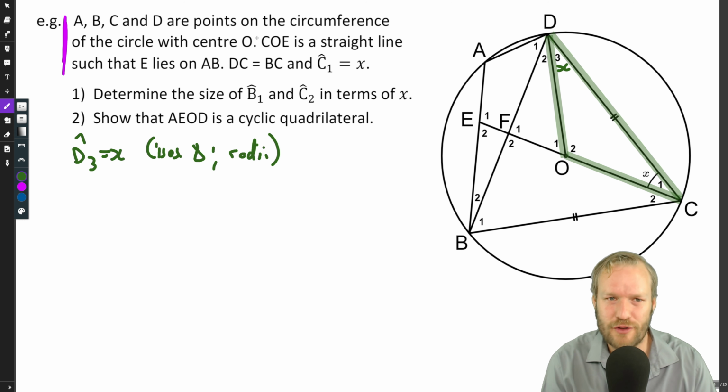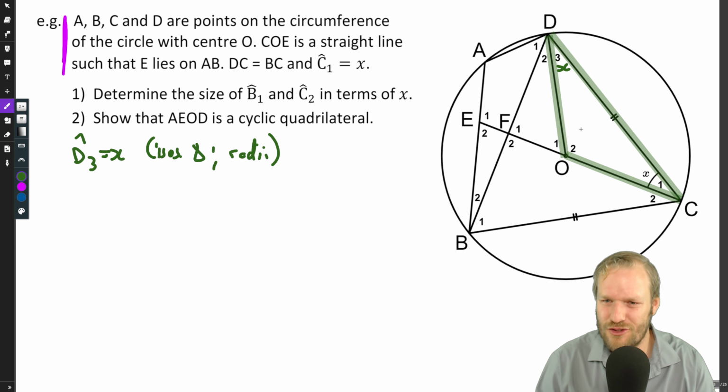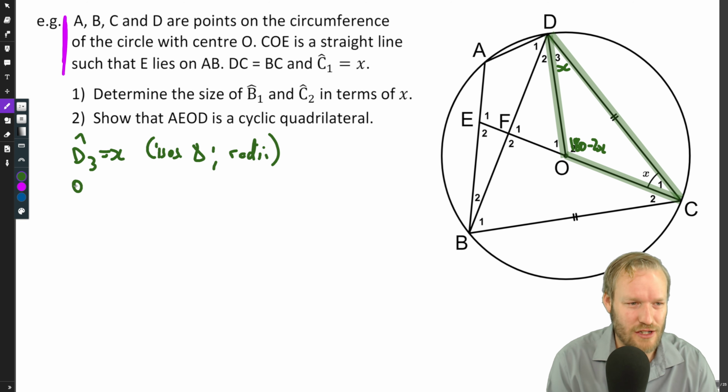You might prefer to read all the information and then start jotting things down, but that's just already there for me, so I kind of want to get it down. And then I might say, well, O2 I can work out as well in terms of x because it's 180 minus 2x because of angles in a triangle. So I'm actually going to get distracted a little bit.